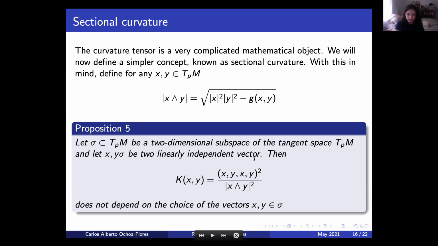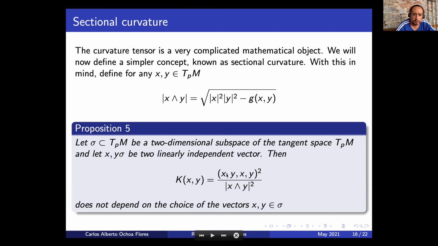Here I'm missing an S. And then this formula here, or this function here, does not depend on the choice that we made for a basis of sigma. So we can define K of sigma as K of xy for any basis of sigma.